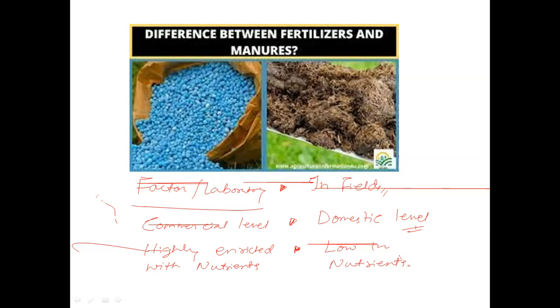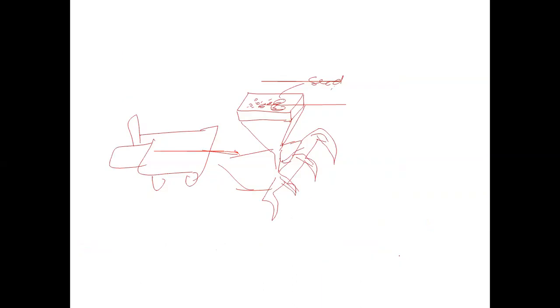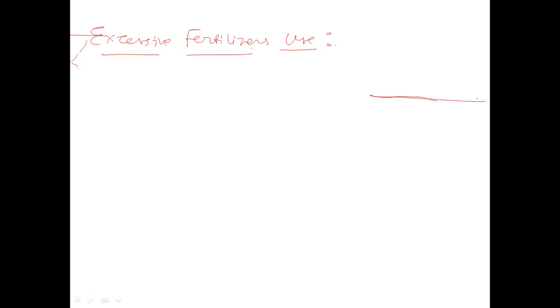You see, if we use fertilizers in excessive amounts, there are certain disadvantages as well. If we use excessive fertilizers, what will happen? What will excessive use of fertilizers do to the soil? Think about this first.